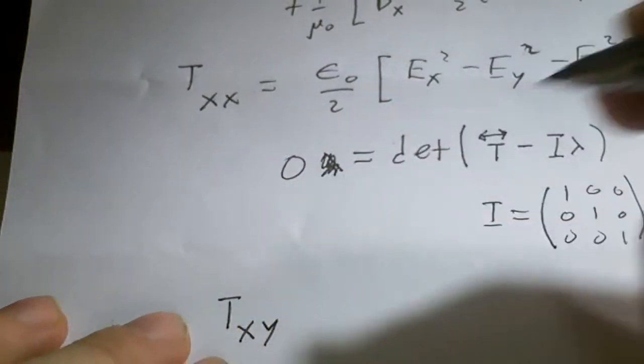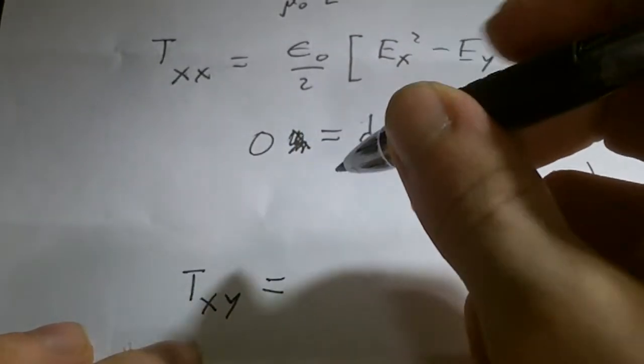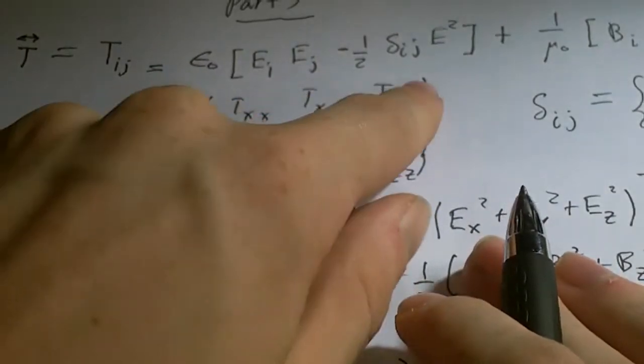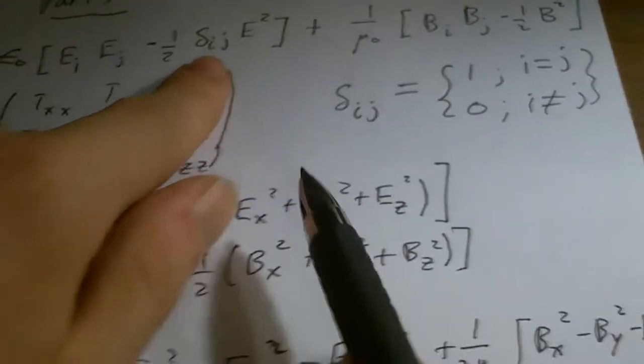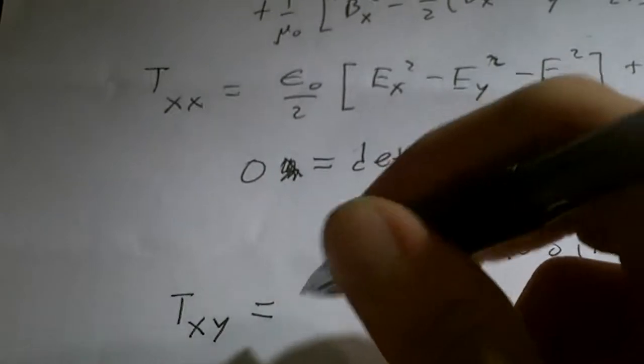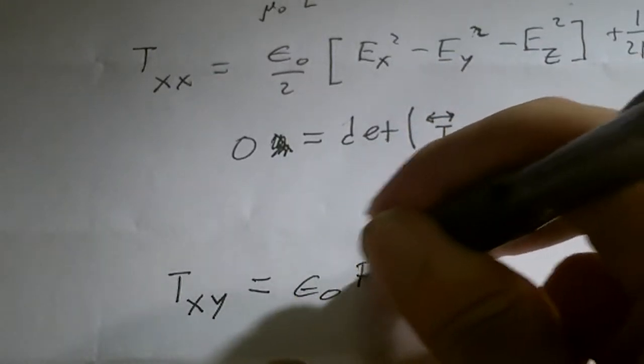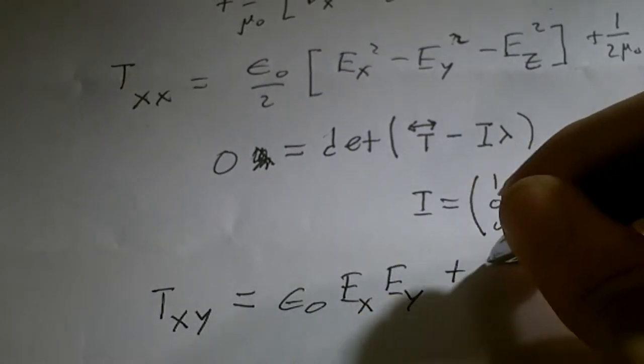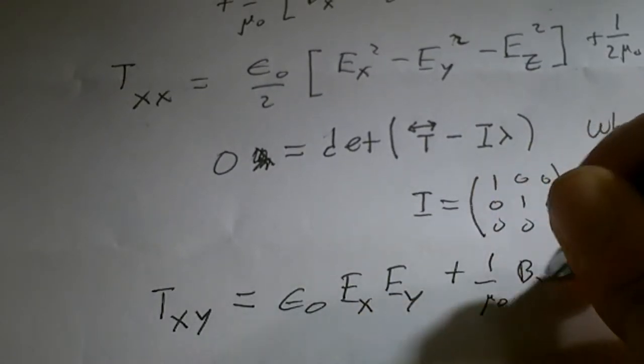So now, what's Txy? For Txy, the Kronecker delta is 0, because i does not equal j. So we get epsilon sub naught of Ex Ey plus 1 over mu naught of Bx By.